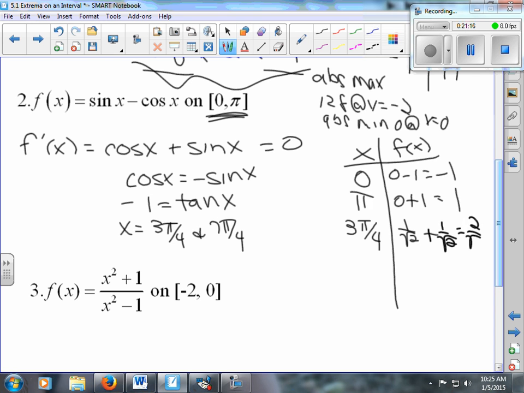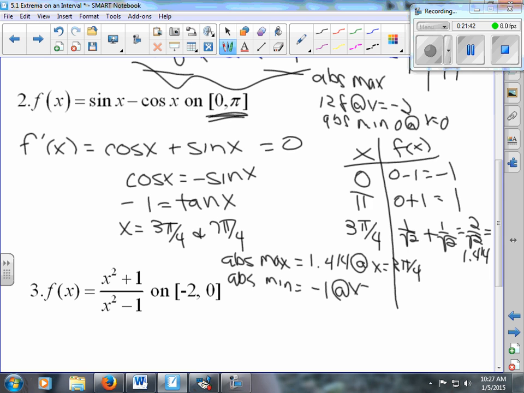So it's 2 over radical 2. That's bigger than 1. So this is 1.414. And so my absolute max is 1.414 at 3 pi/4. And my absolute min is -1 at 0.